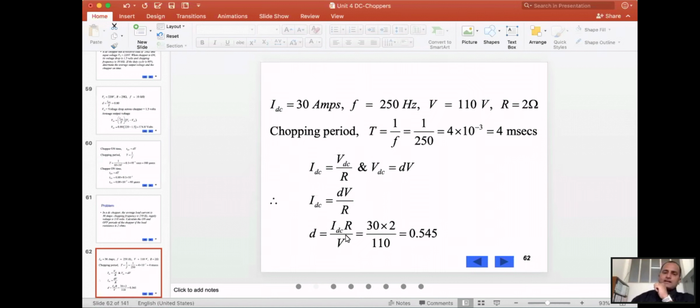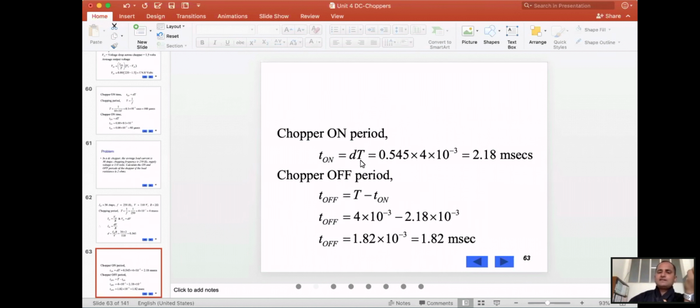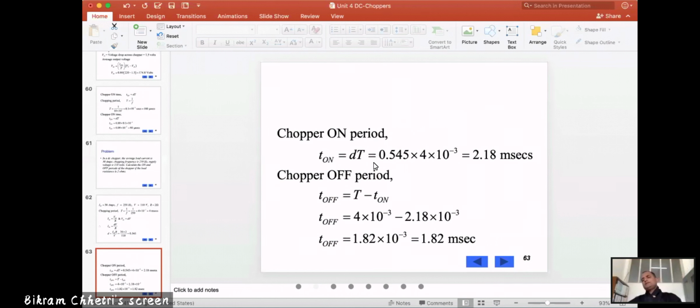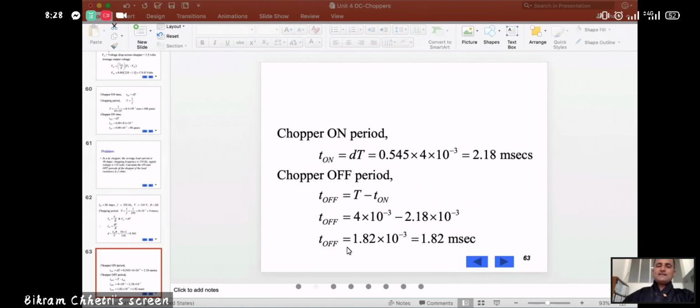Once we know the duty cycle, we can find T on and T off. T on equals D into T. We already know the total time period is 4 millisecond. So T on equals D into T, which is equal to 2.18 millisecond. If we know T on and T, then we can find T off.